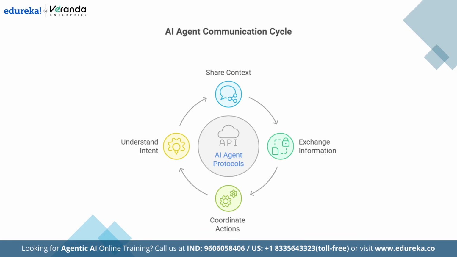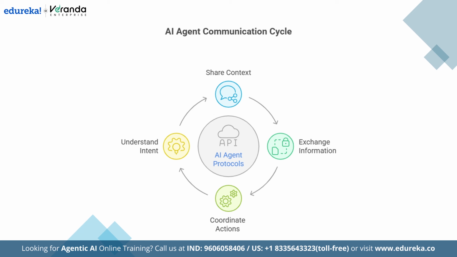Just like humans use spoken languages, AI agents use protocols to share context, exchange information, and coordinate actions securely and consistently. These protocols define what agents can say, how they say it, and when they act on it. They make sure that when one agent says, schedule a meeting, another agent understands exactly what that means, not just the words but the intent behind them.